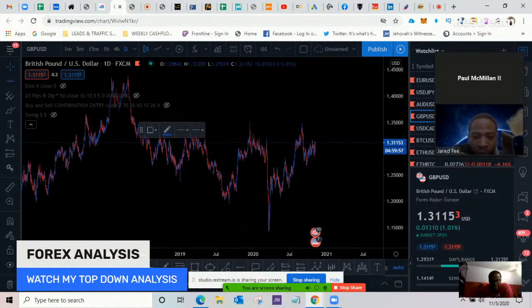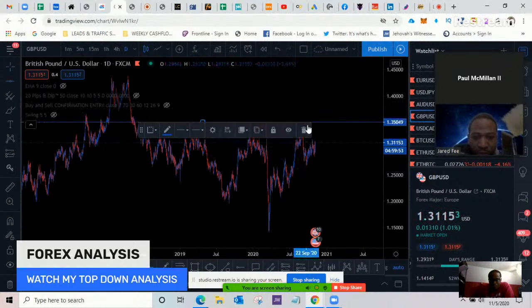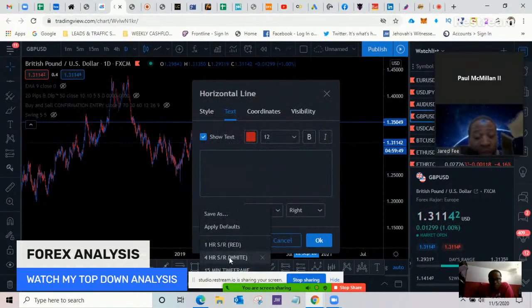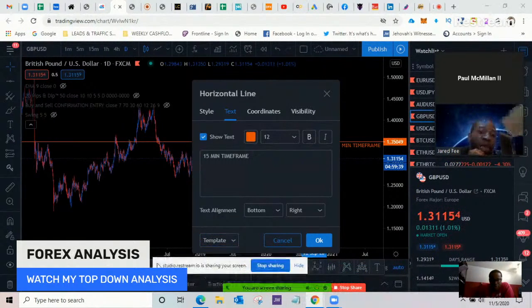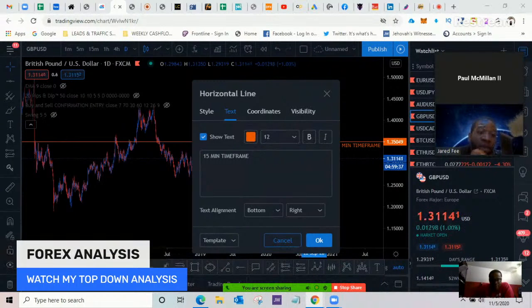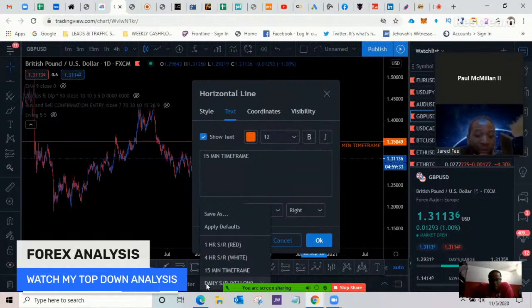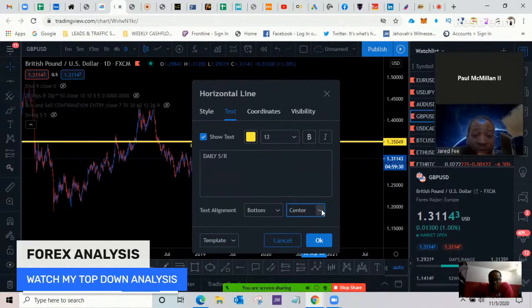So what I'm going to actually do here, I'm going to find the most recent high, which is right here. Yeah, that's how I label everything.